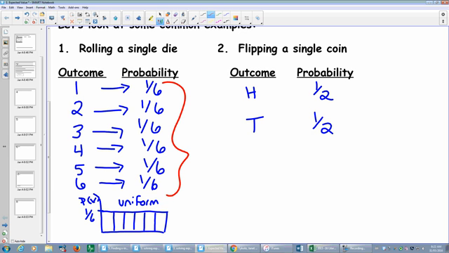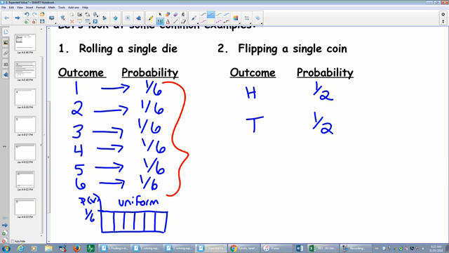Now, something you will notice here, which is important, if you were to add up all of these 1/6, Powell, what would you get? If you were to add 1/6 plus 1/6 plus 1/6 plus 1/6 plus 1/6 plus 1/6, what do you get? Not 1/36.